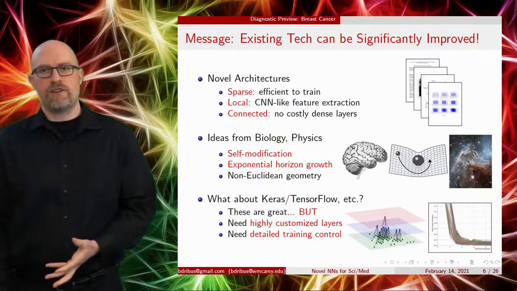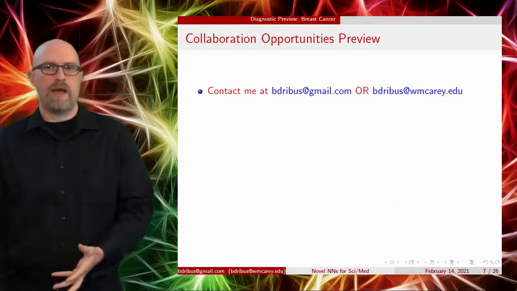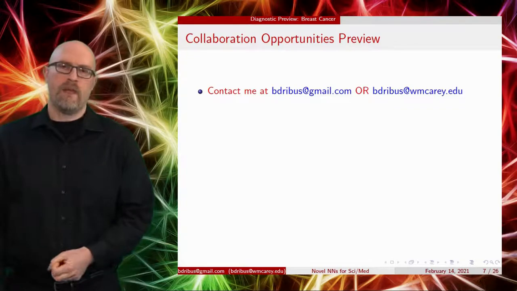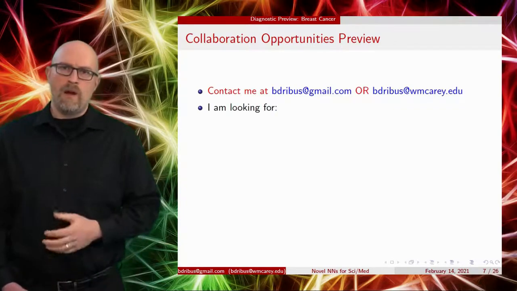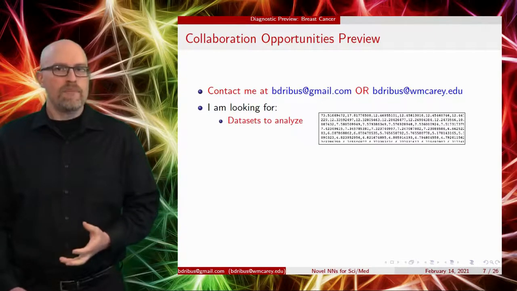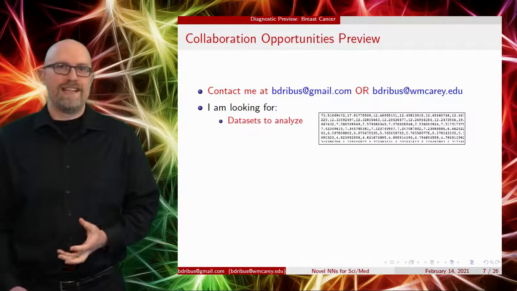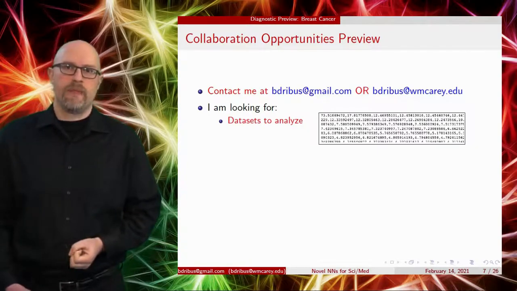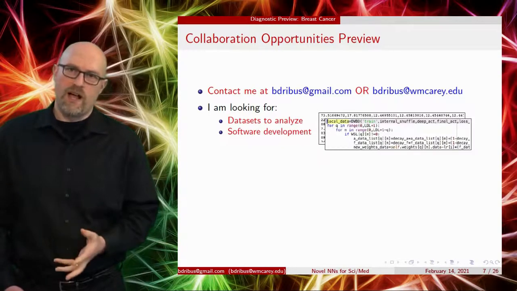I'll wrap up this first video with a preview of my collaboration interests. Here's my contact information again. So what am I looking for? Well, first, interesting data sets to analyze. If you represent a company or research group needing data analysis, then I'm interested in talking to you. Second, software development.